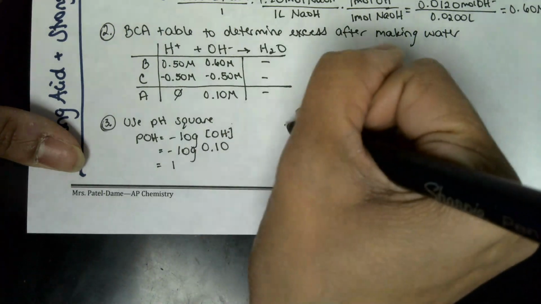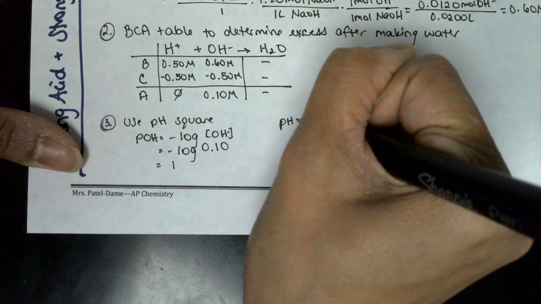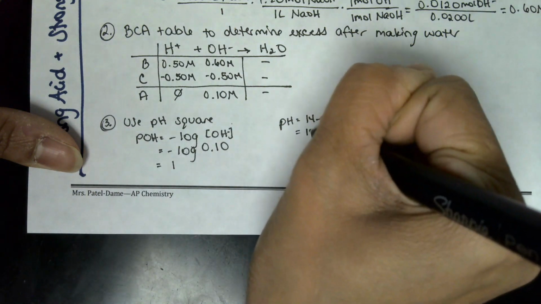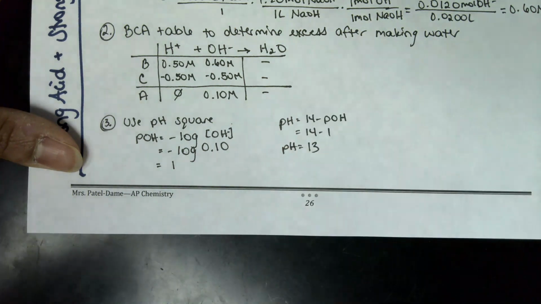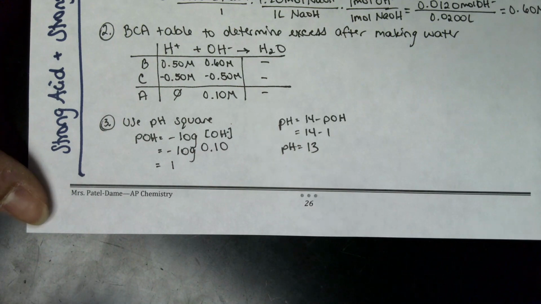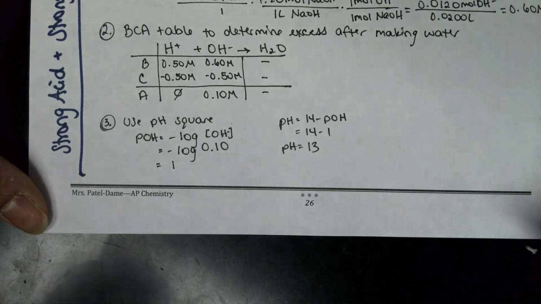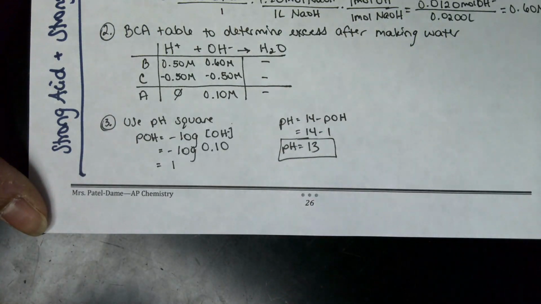And then I can use that to say that my pH is equal to 14 minus my pOH. So 14 minus 1 gives me 13. So let's make sure this makes sense. If I have excess of a strong base when mixed after a strong acid, I should have a fairly high pH. So yeah, that makes sense. That checks out. Cool.